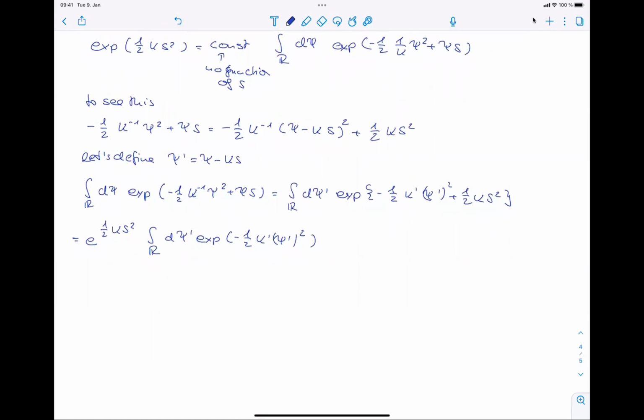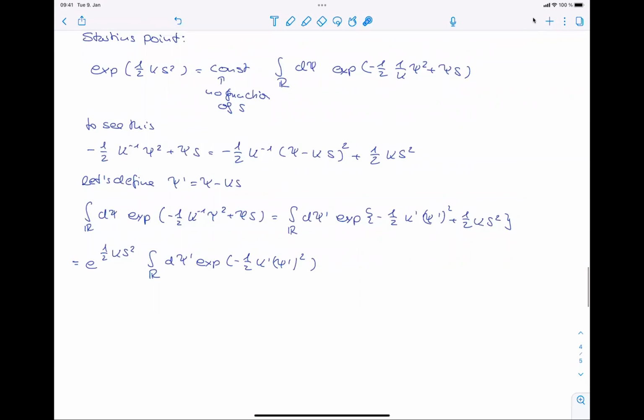We just expanded the square and changed the variable. What we arrive at is a constant that doesn't depend on s, and this exponential.